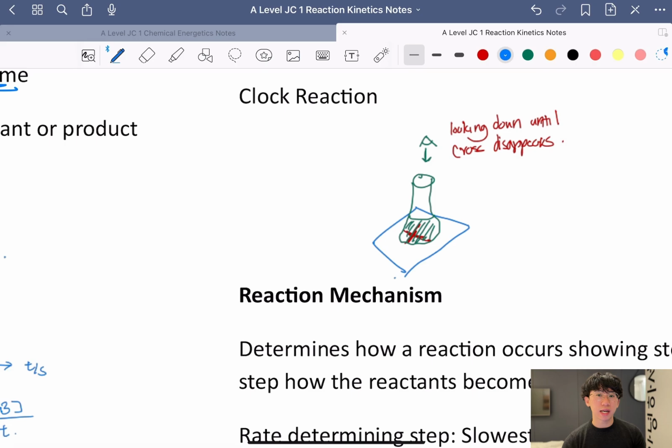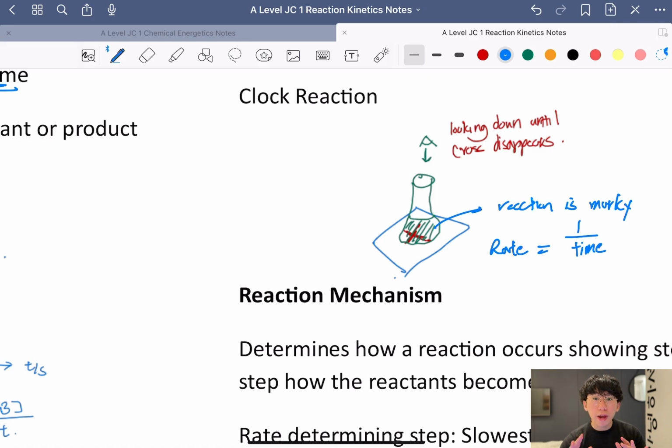So clock reactions in that sense are a good way of taking the time taken for the concentration to reach a certain point, in this case when the cross disappears. So this is good for reactions where the concentration reaches a certain point, the reaction gets too murky, right? And you cannot see the cross. And then in these reactions, you would estimate the rate to be equal to 1 over time.